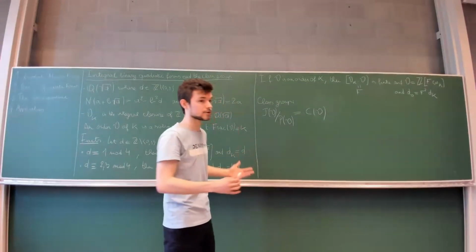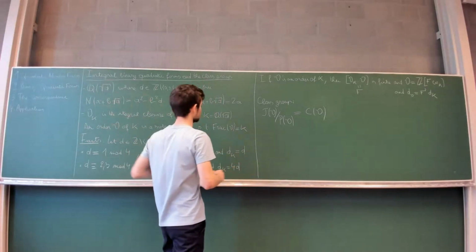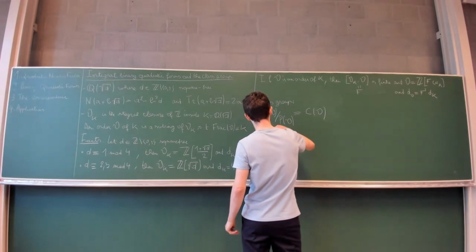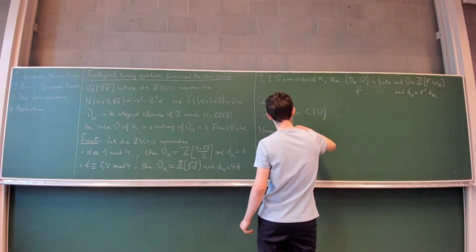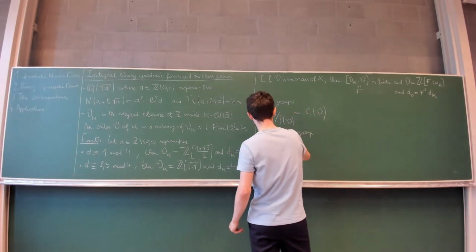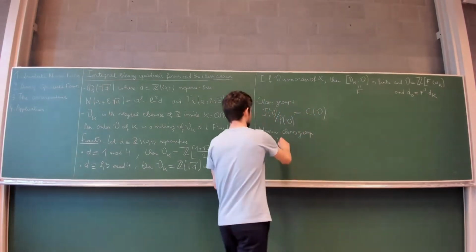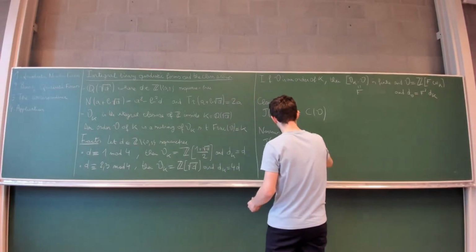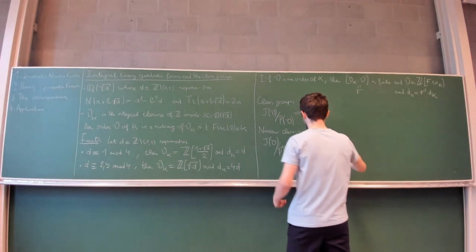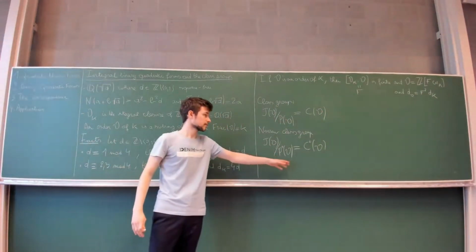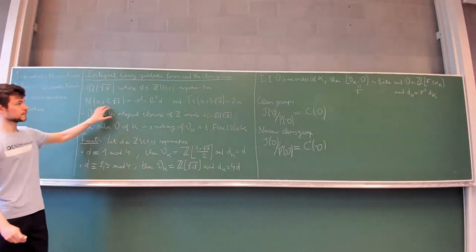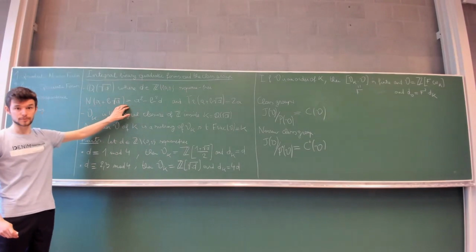And then I need a stricter concept of the class group, specifically to show this correspondence, which is the narrow class group. This was also new to me before starting my thesis, but this is the same group J, but now we quotient out P plus of O, which are the principal ideals generated by an element which has a strictly positive norm.